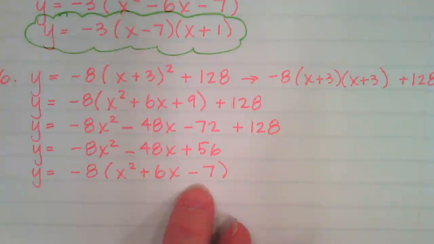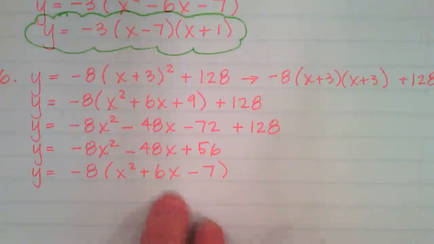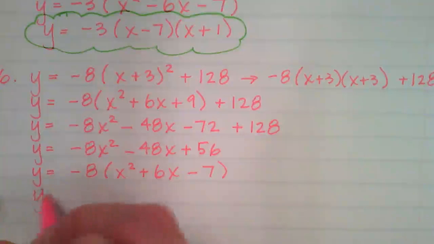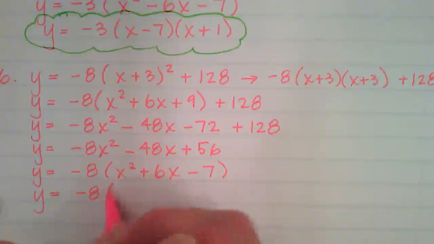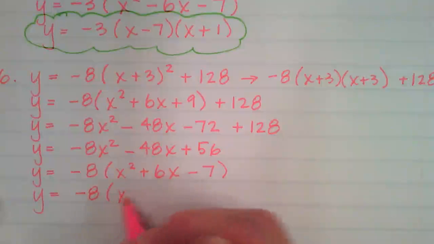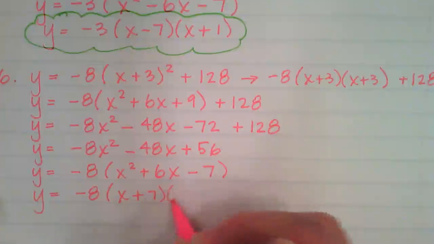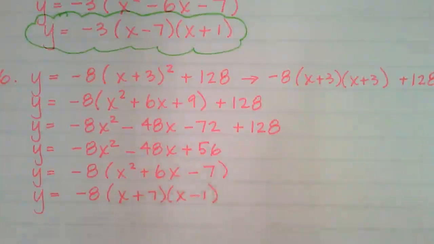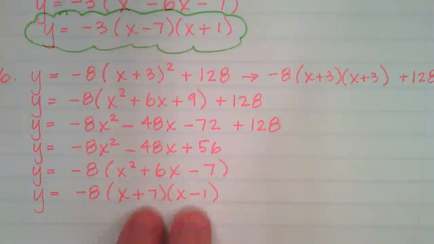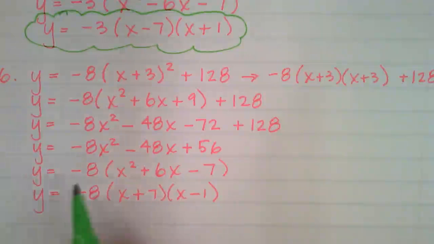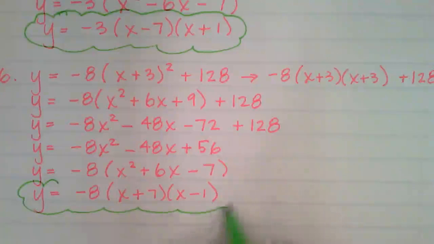So I'm looking for numbers that multiply to be -7 but add up to +6. Those are the exact opposites of what we just had. So these two are going to multiply to be -7, but they add up to be 6. And there's intercept form.